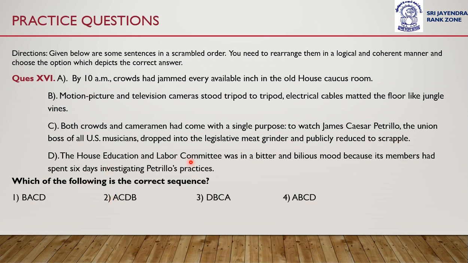The House Education and Labor Committee was in a bitter and bilious mood because its members had spent 6 days investigating Petrillo's practices. So ABCD, option 4, is the correct sequence. Anyone doubt?